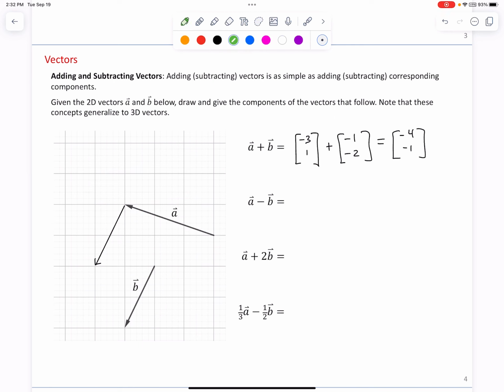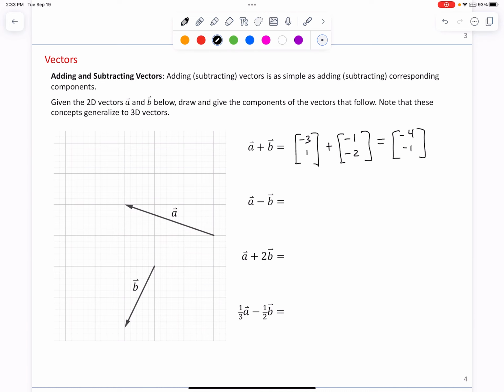And the vector that is the sum will be the vector that connects the tail of a to the head of where b now is. So this green vector has components, start at its tail, go left 4, and then down 1. So -4, -1 would be the components of this green vector.